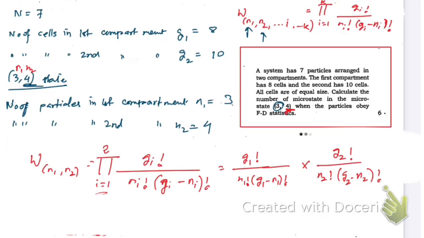So you see G1 is 8, G2 is 10, N1 is 3, N2 is 4.